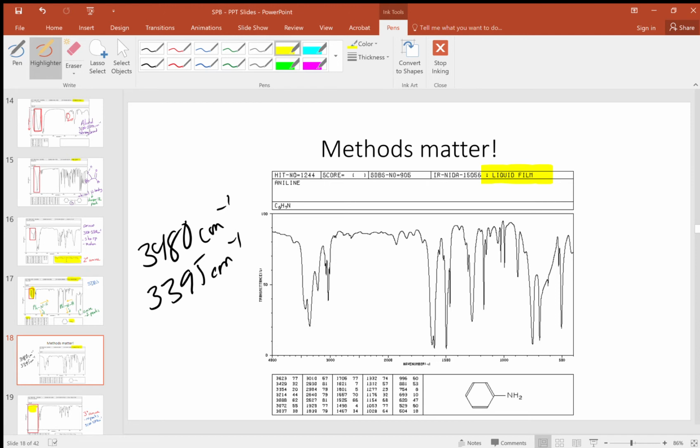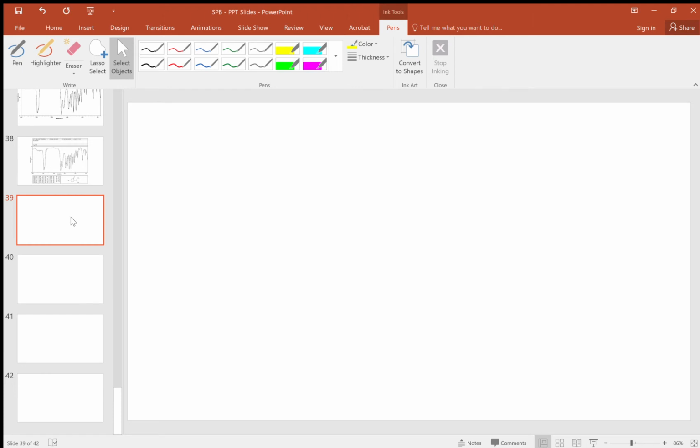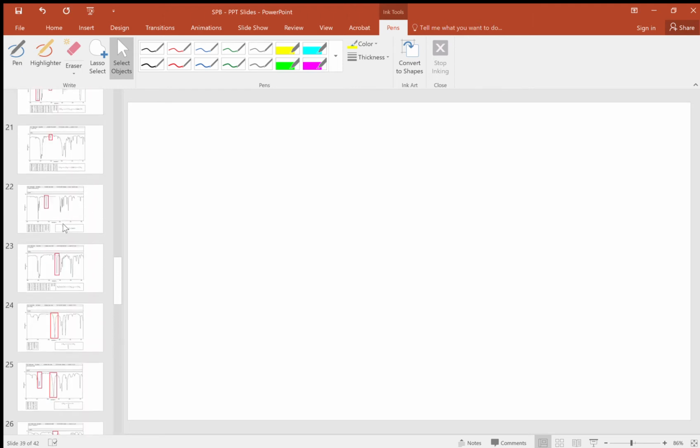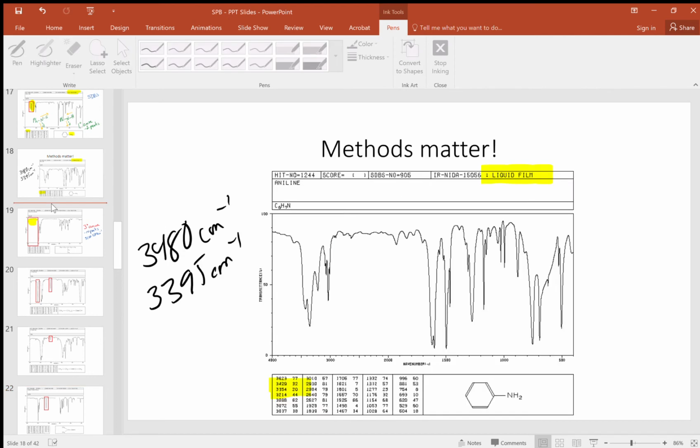So notice the peaks have actually moved a little bit, and the spectrum, a lot of the other peaks, while they're in the same spots or pretty close, they look different shapes, etc. And so that's again our way of saying that the method that we use, the way that we take the spectrum, does have an impact on what the spectrum looks like.